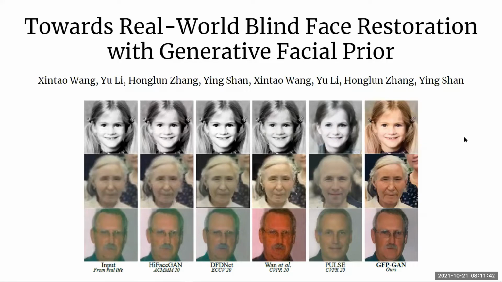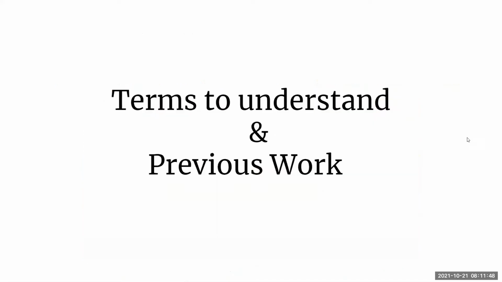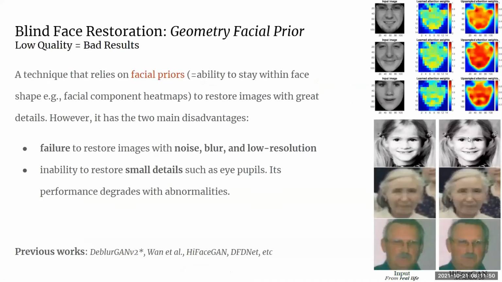Let's go ahead and talk about the two approaches that were used before the GFP-GAN. The first one is the geometry facial prior, which in simplest words means that if we have low quality images, we're not going to have good results. Why is that? It's because this specific approach focuses on facial priors that we talked about earlier.